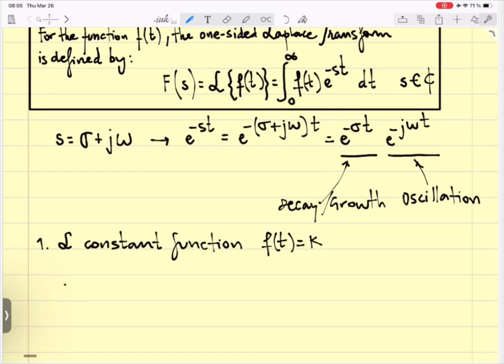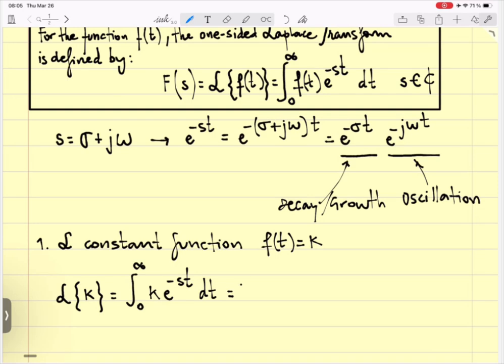The Laplace transform of k equals the integral between 0 and infinity of k times e to the minus st dt.